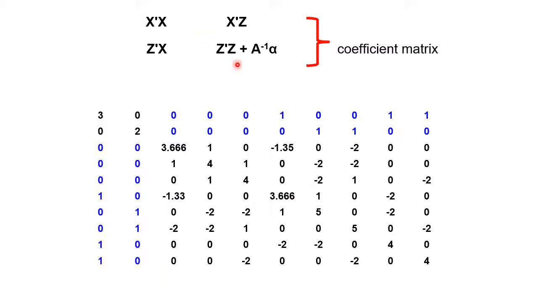We need to add Z prime Z that we just constructed with this newly calculated inverse of A multiplied by alpha. So this black part here at the bottom is then this square matrix, Z prime Z plus A minus 1 alpha, and that is that part. Remember, we constructed Z prime X prime X, 3 males, 2 females.